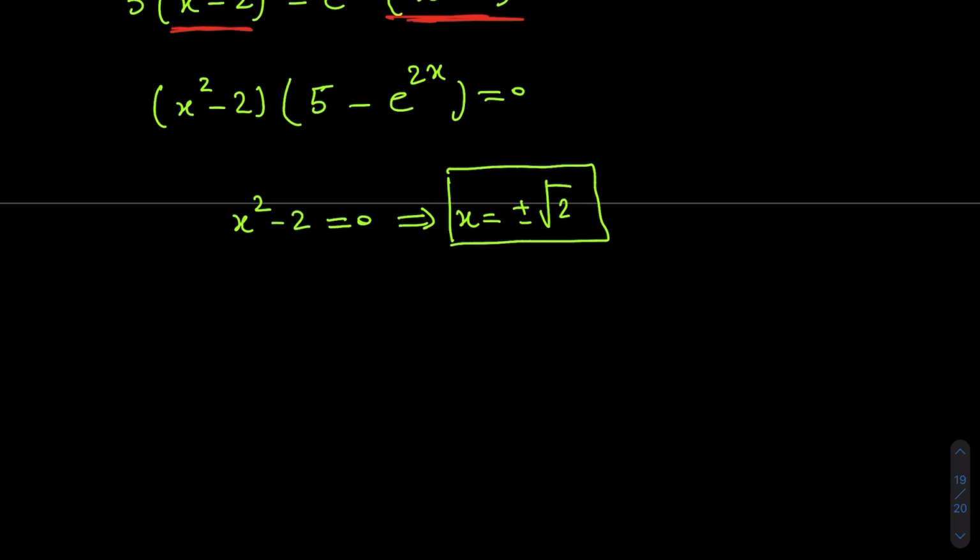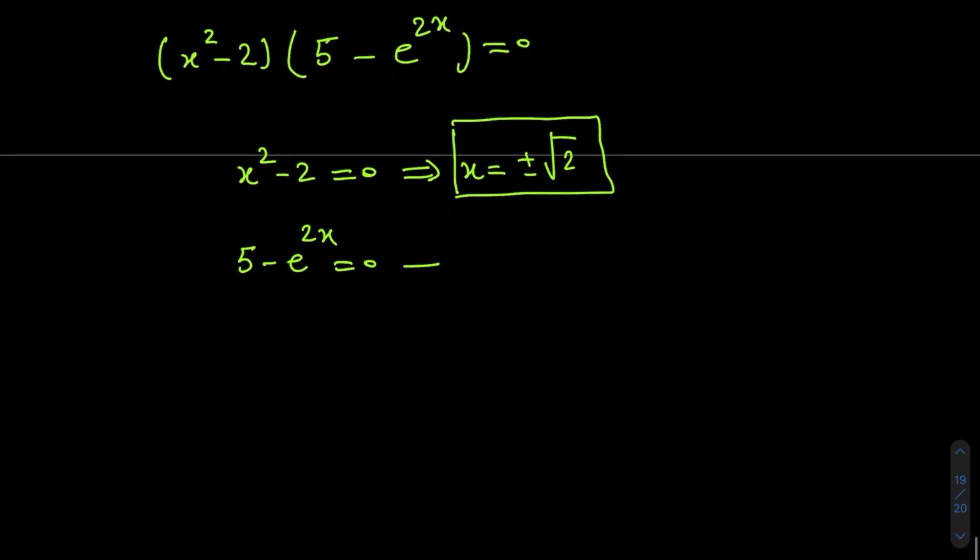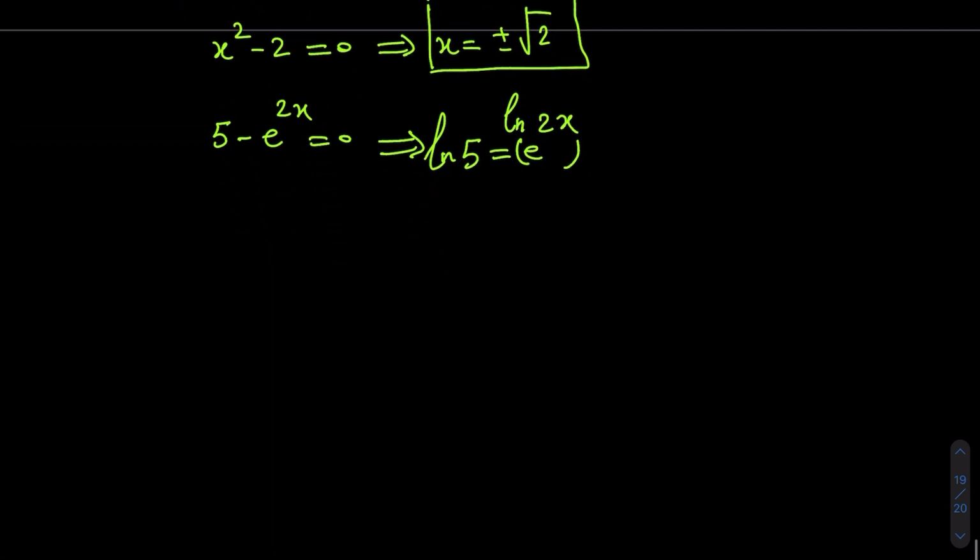Now the second parenthesis is 5 minus e to the power of 2x is equal to 0. Therefore 5 is equal to e to the power of 2x, and then I will take ln, natural logarithm, from both sides of the equation, and then it will be ln 5, natural logarithm 5, is equal to 2x, right?